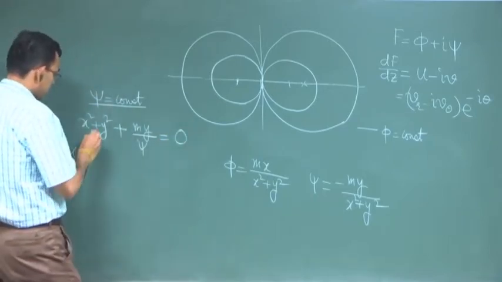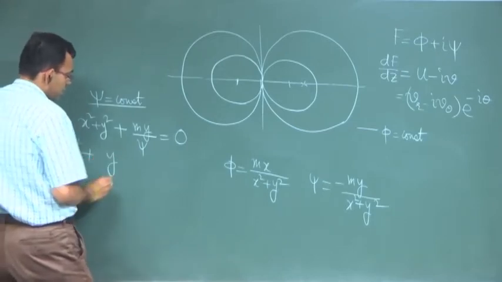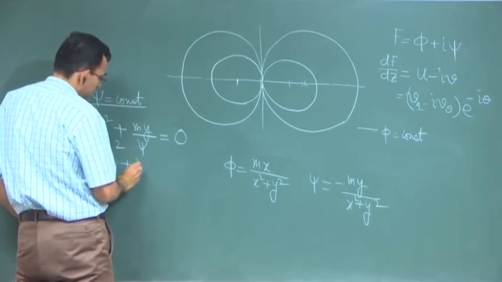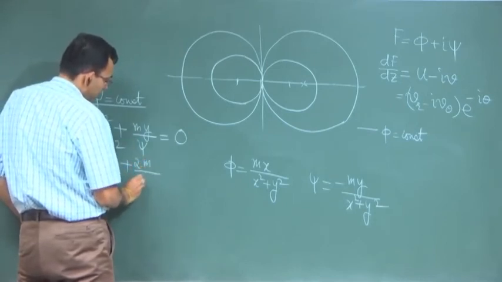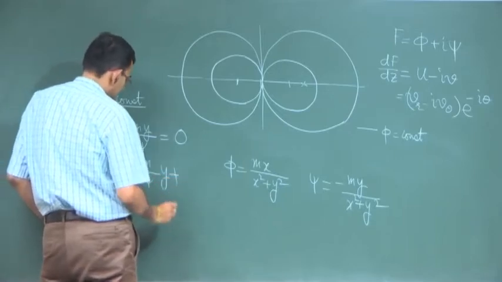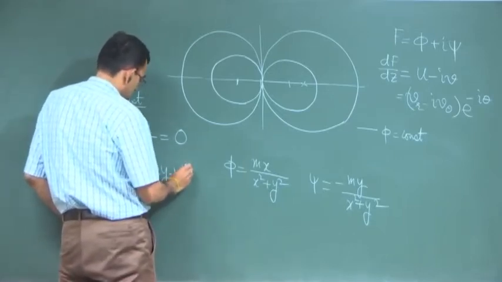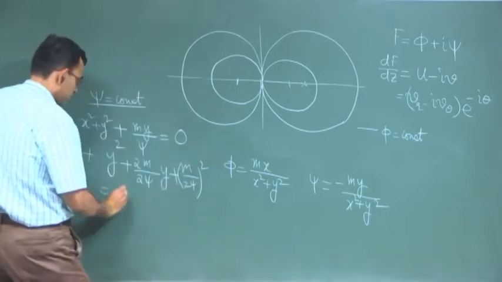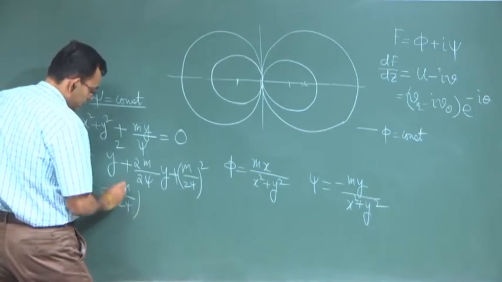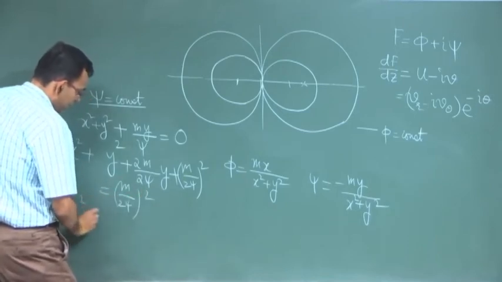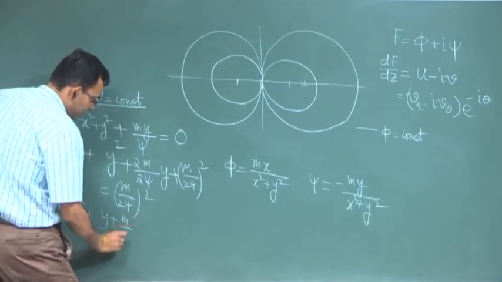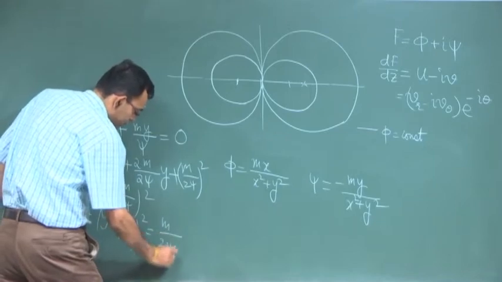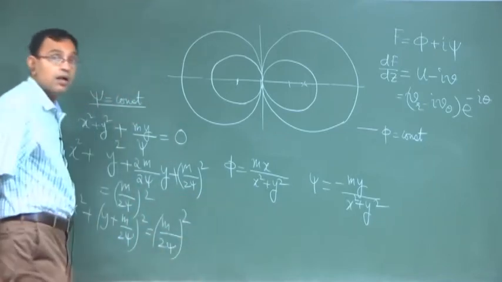So, x square plus y square plus 2 m by 2 psi y plus (m by 2 psi) square, so x square plus (y plus m by 2 psi) square is equal to (m by 2 psi) square.